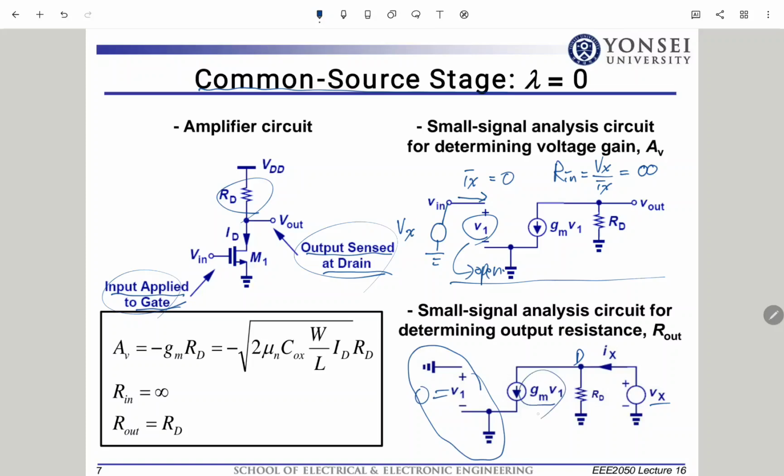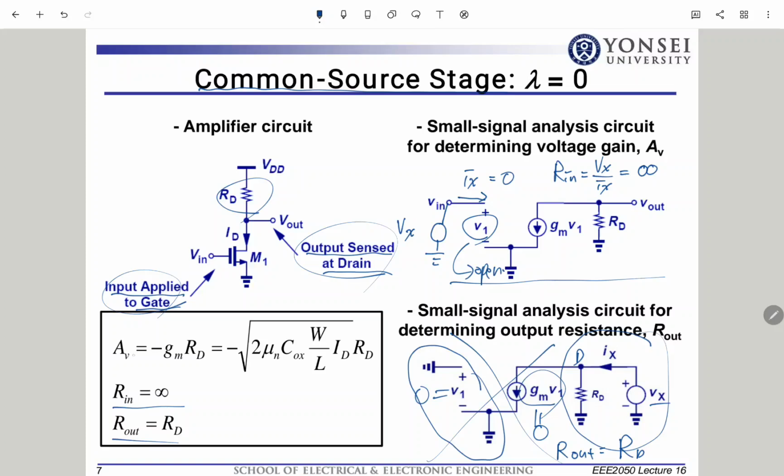What about the current source? The value is 0. So all we have left here is this part right here. So R_out is equal to RD. Sounds good. So here we have the answers.